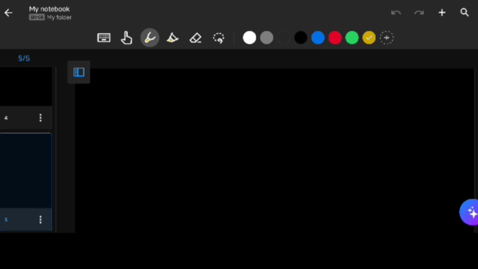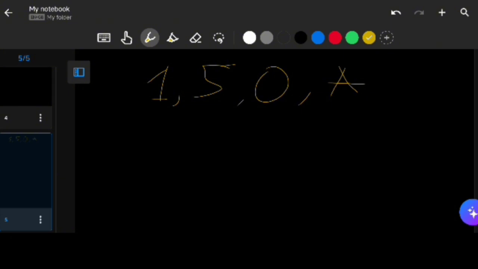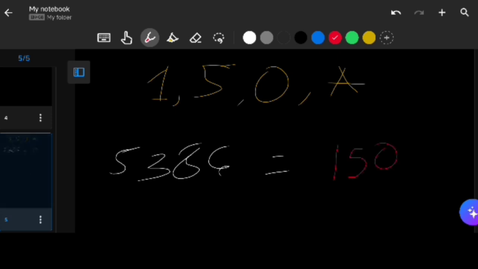So, from last to first, 1, 5, 0, and A. Therefore, our hexadecimal representation of 5386 is equal to 150A.